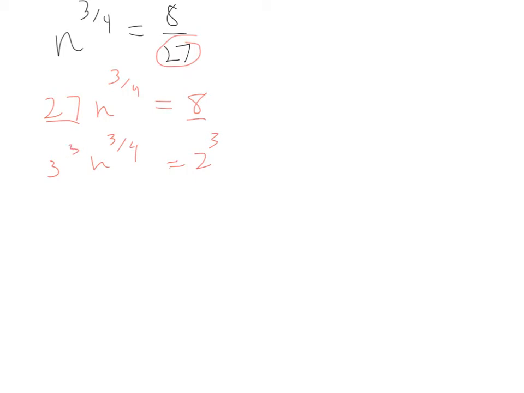So that means that we'll have 3 to the power of 1, or just 3, n to the power of 1 over 4, and that still equals 2. And then we'll put some brackets around there, and we'll say that's all to the power of 3, and that equals 2 to the power of 3.